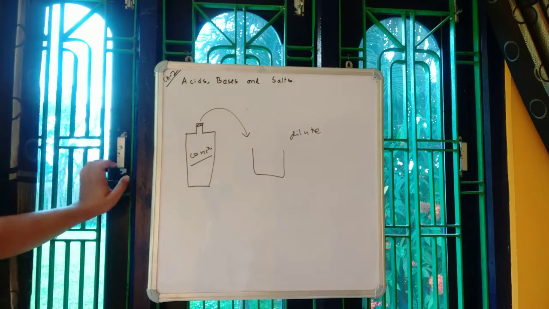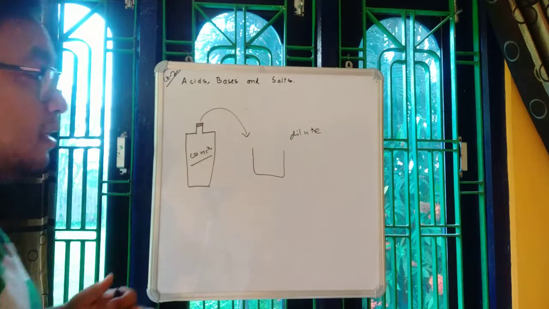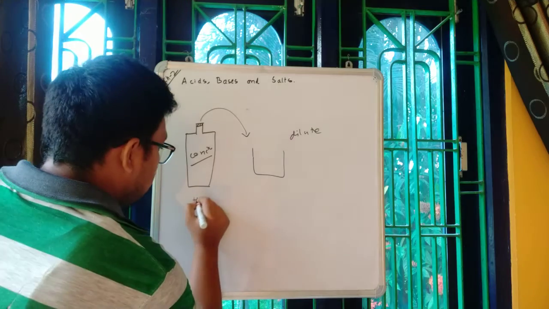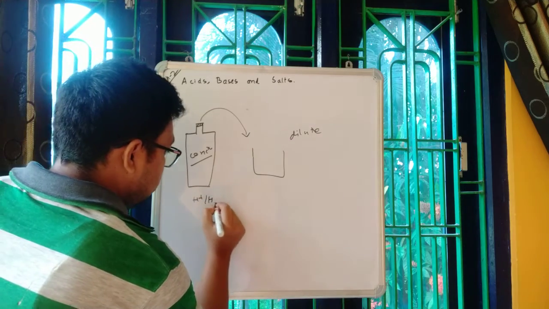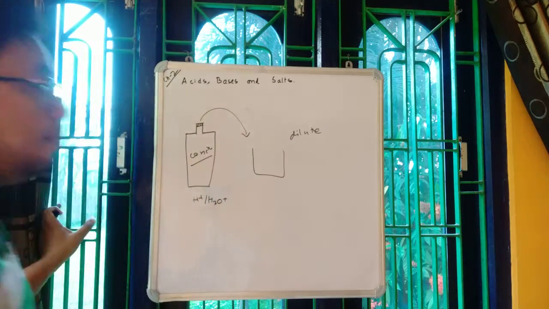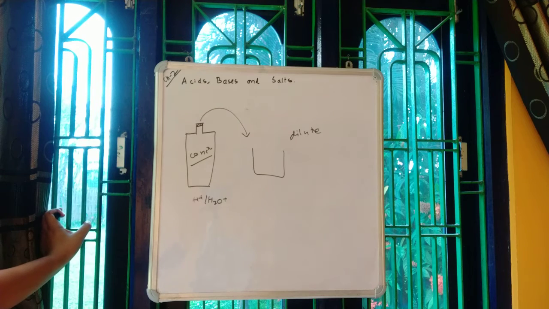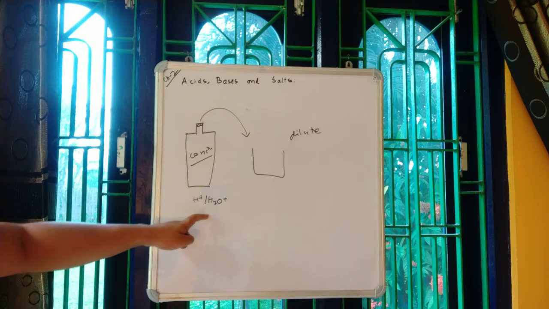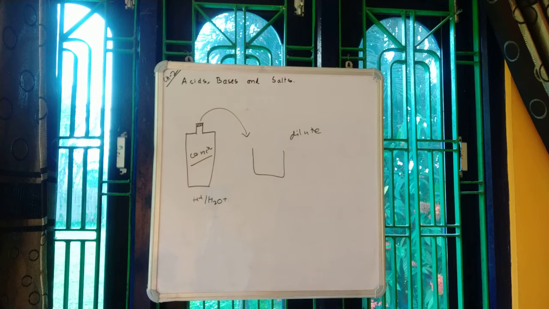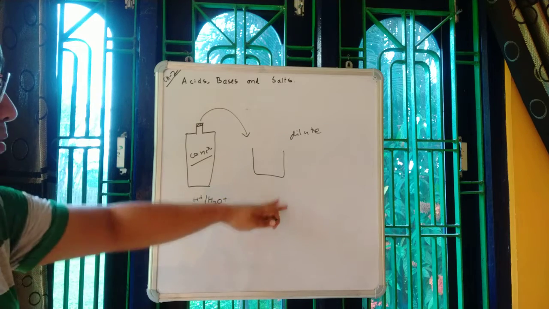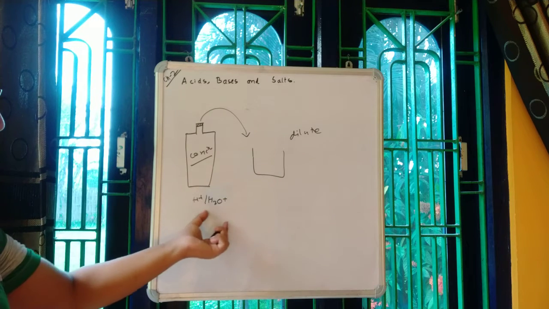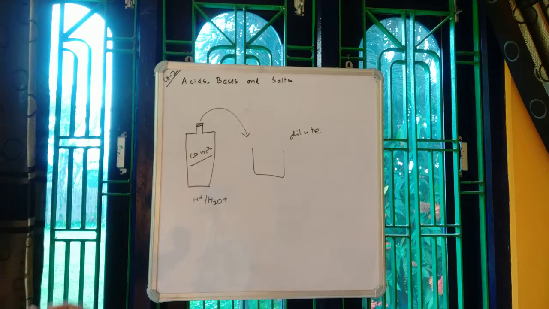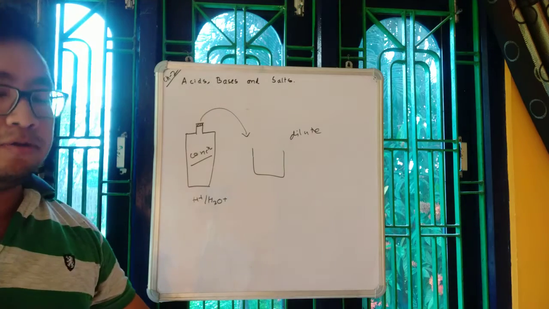Concentrated solution means where the concentration or the density of H+ ions or H3O+ ions per unit volume is more. More H+ or H3O+ ions are present per unit volume. And dilute means the density of H+ or H3O+ ions is less per unit volume. That is called the dilute solution.